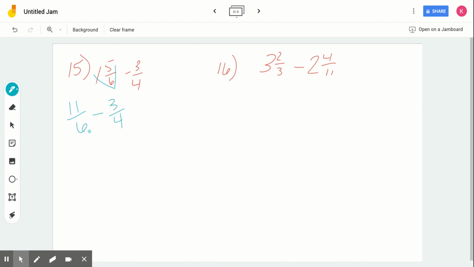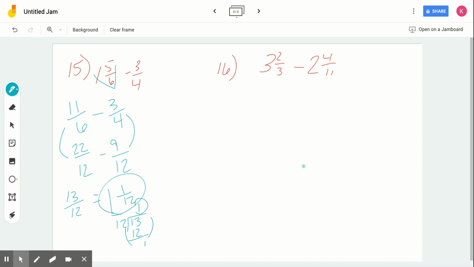Again, the least common multiple here would be 12. 6 times 2 is 12, so 11 times 2 is 22. 4 times 3 is 12, and 3 times 3 is 9. 22, take away 9, is 13 out of 12. Putting 13 in the house, 12 can go in one time, and we will have 1 left over. 1 and 1/12 would be our final answer here.